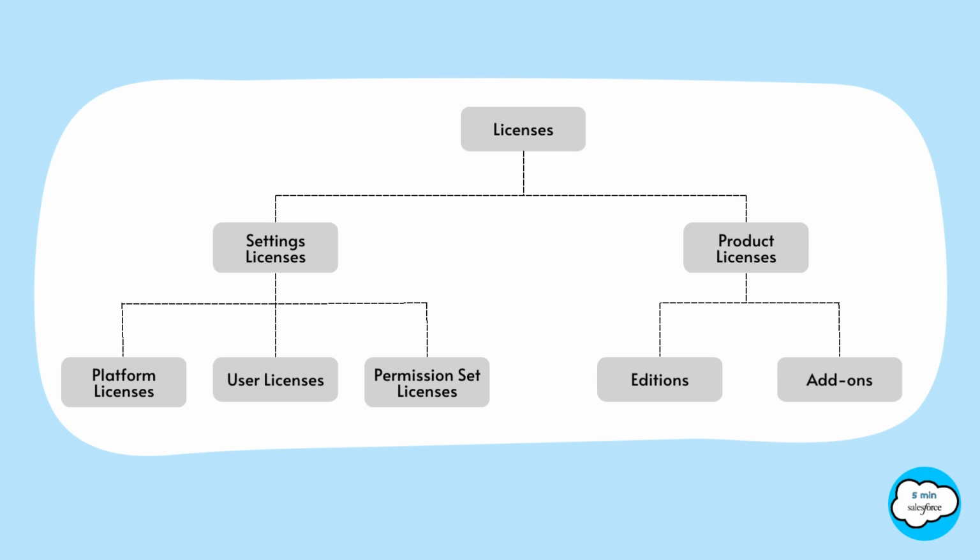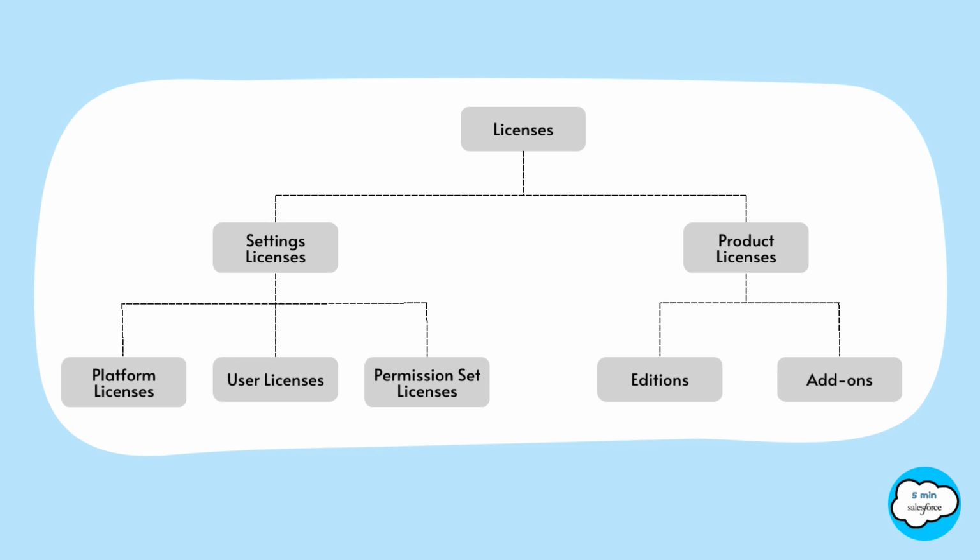And there are three main kinds: platform licenses, which control features at the org level, and then user licenses, and every user must have one of these licenses. So this sets their basic level of access. And then we have permission set licenses, which are extras.